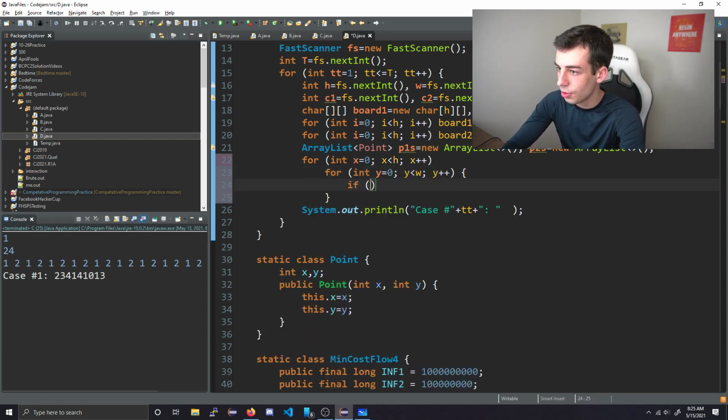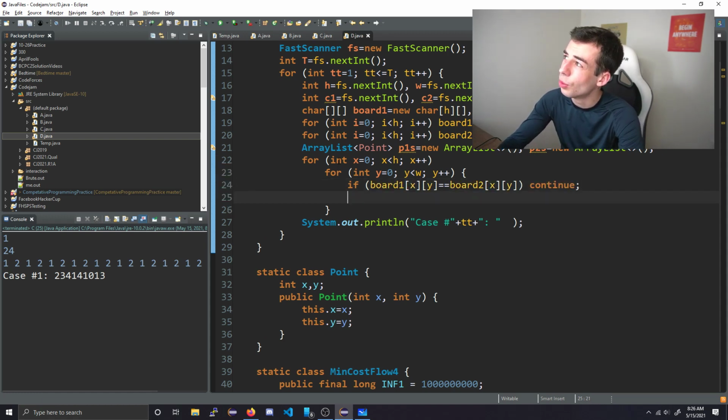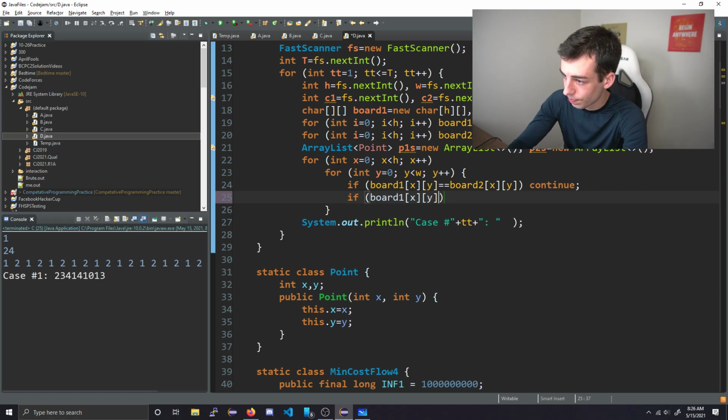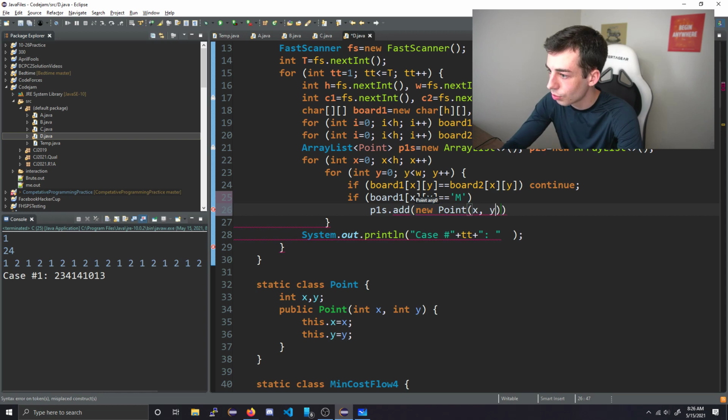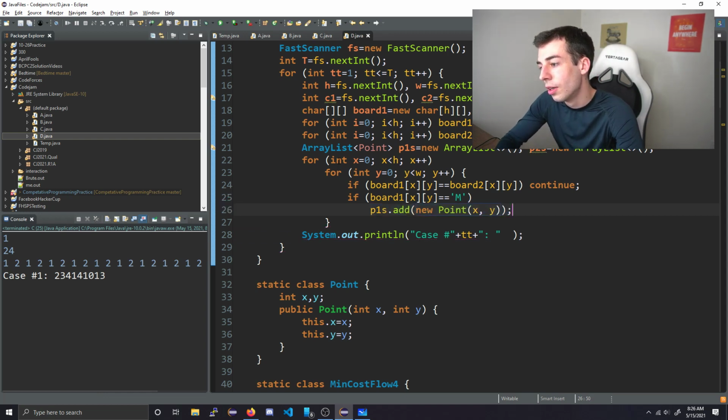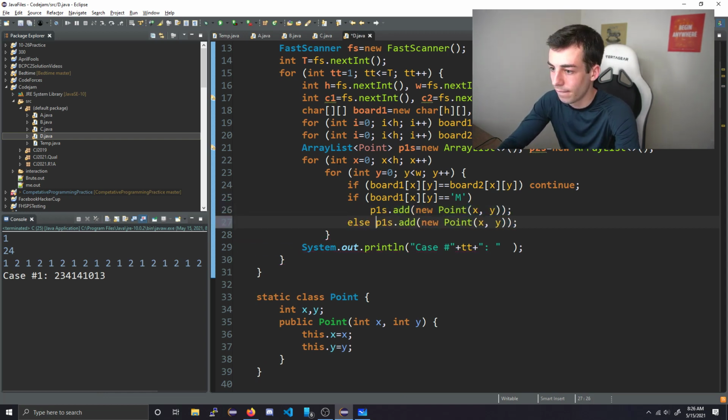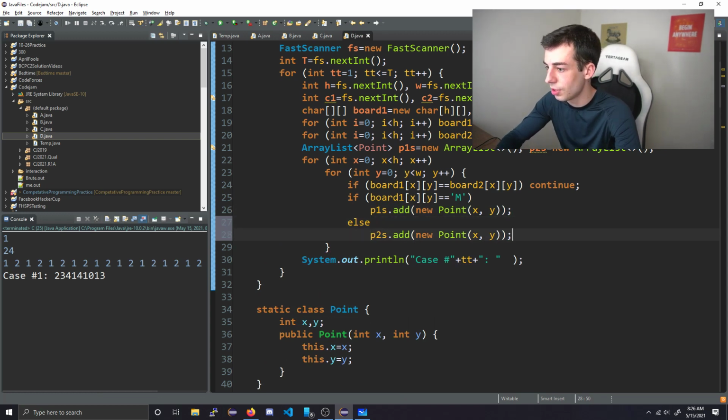There's some cases here, so if board 1 at xy equals board 2 at xy, then continue. Don't bother, yep. If board 1 xy equals m, then p1s dot add new point xy, else p2s dot add xy.